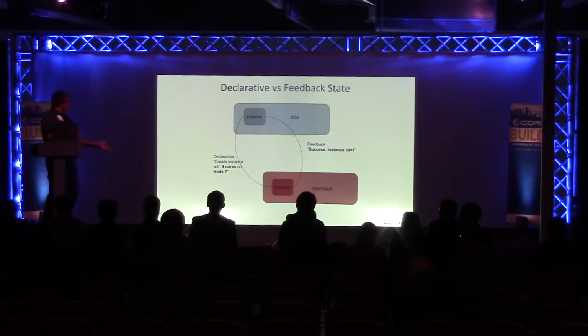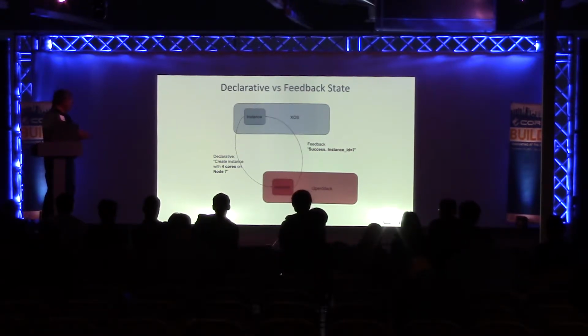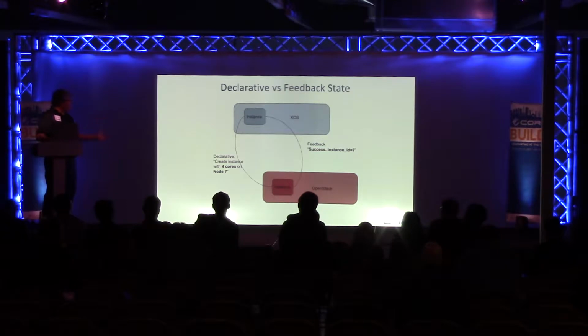So that would get pushed from XOS to OpenStack, and then there would be some feedback state that would come back and say, okay, I succeeded, I made your instance, and I assigned it instance ID 7. That is an example of declarative and feedback state. This will become more apparent and more useful, I think, during tomorrow's discussion of the synchronizer, where we will talk about how the specific data flows work in the synchronizer.